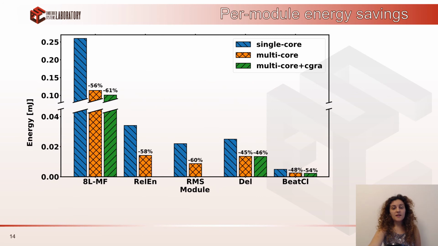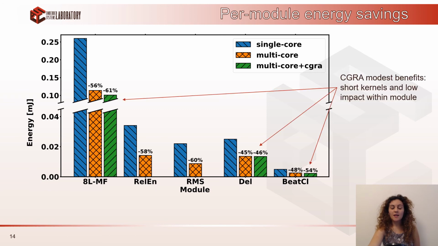This is translated directly to the energy consumption estimation, where the multi-core shows high energy savings per module, while the CGRA gives modest benefits, and this is due to the short kernels and the low impact within the module.